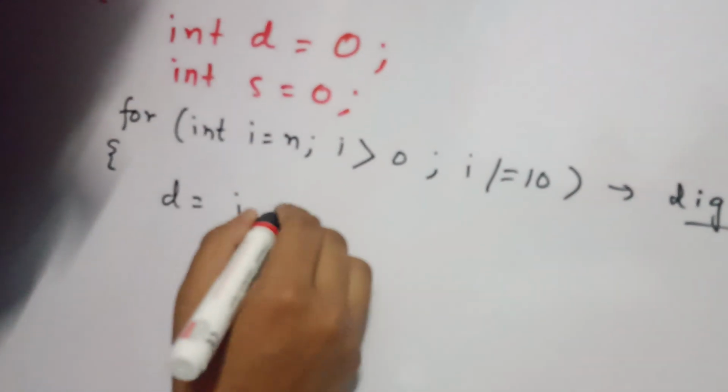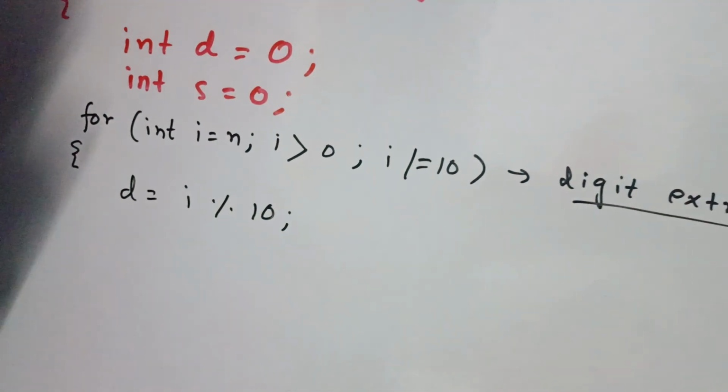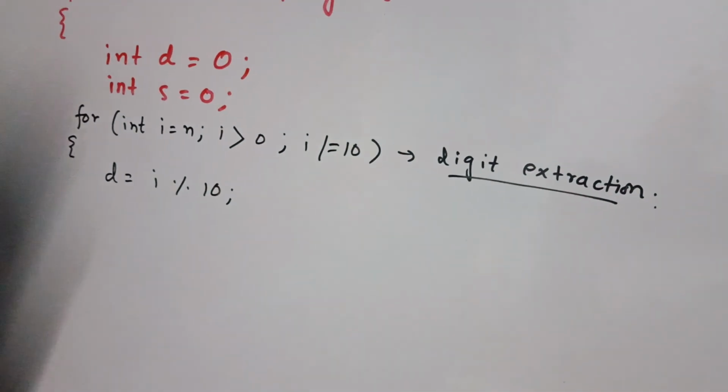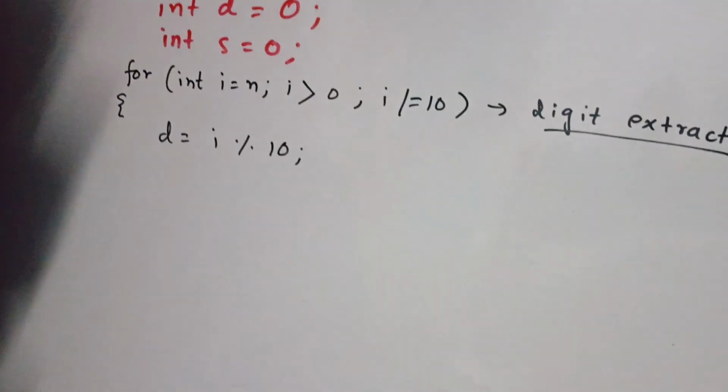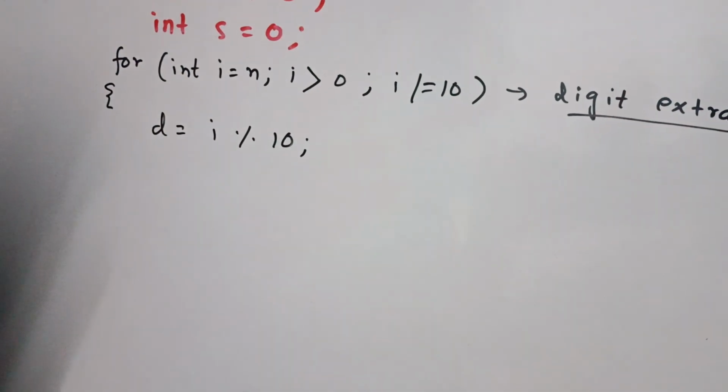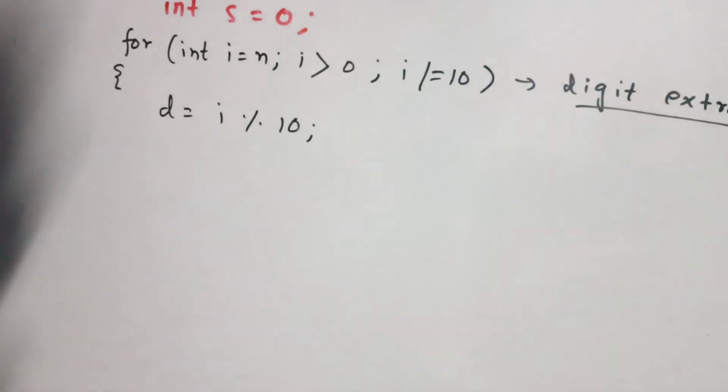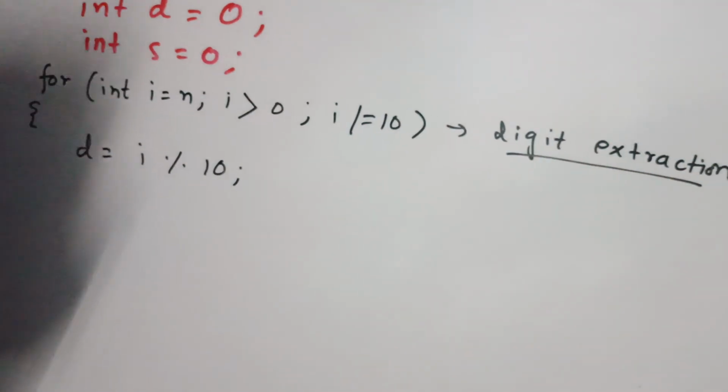So d will be equal to i mod 10. Now concentrate here. i is our n, whatever the number is. n is 135.